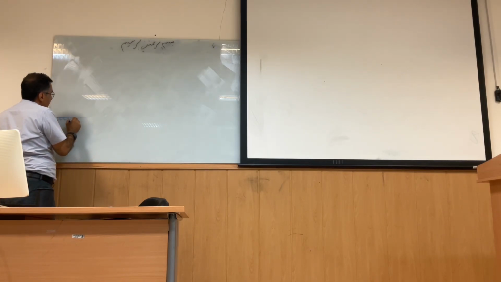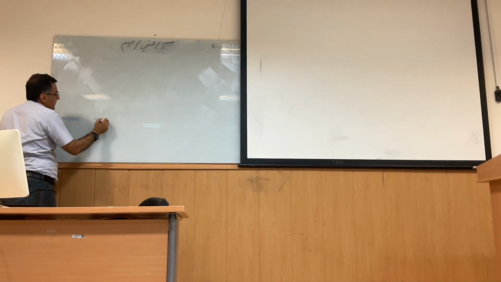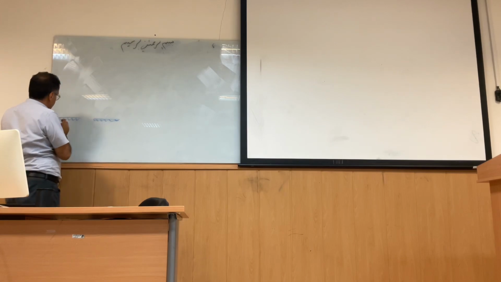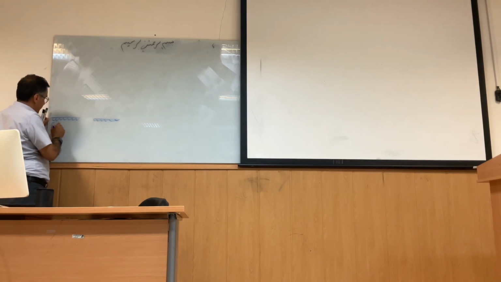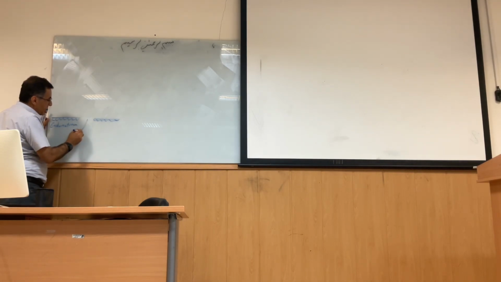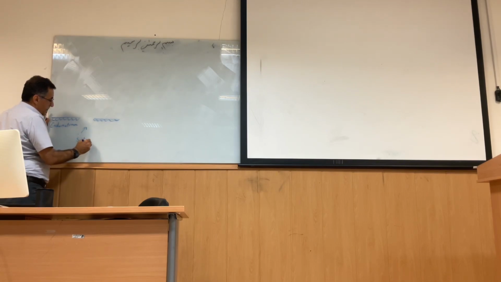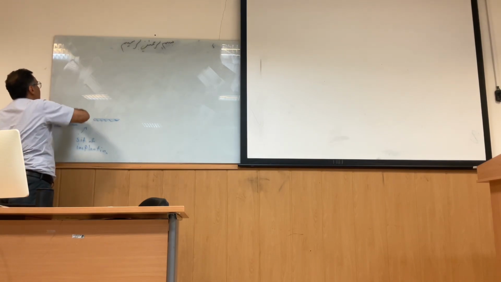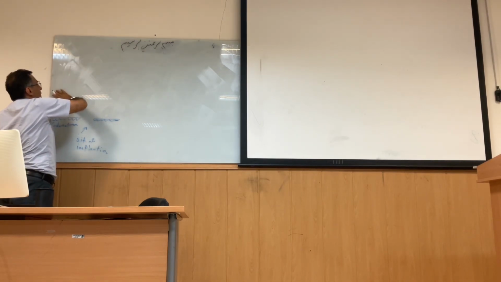For example, this is endometrium. And this is the site of implantation. This is the compact or functional layer of endometrium.